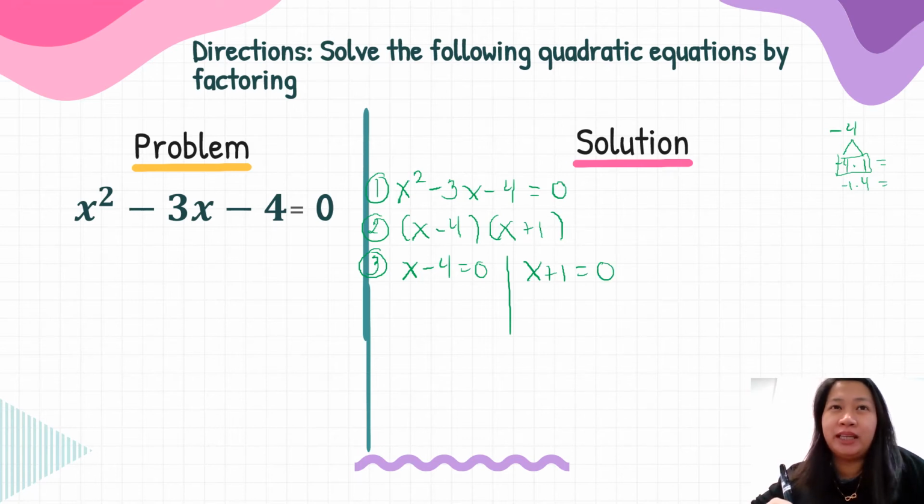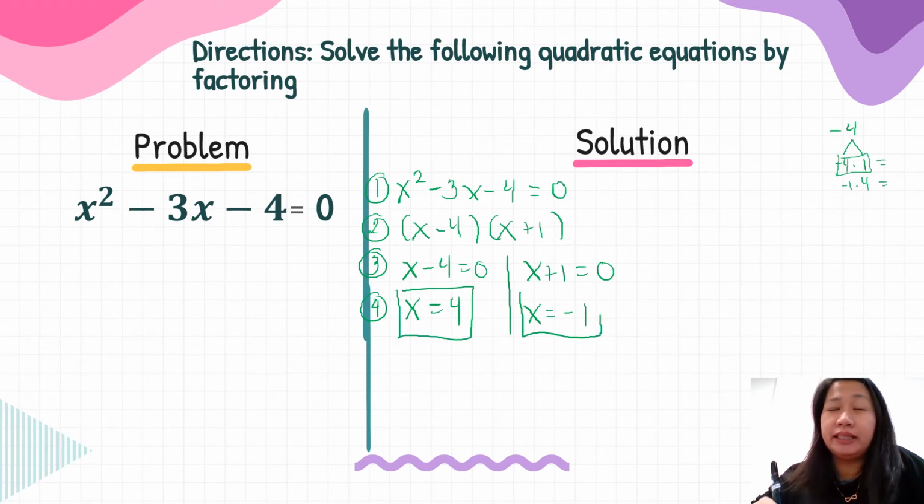And step number 4, we will solve for the x or solve for the roots. Since nandyan lang yan, si negative 4, ililipat lang sa kabila, magiging positive 4. And then si x, ililipat sa kabila, magiging negative 1. Okay po. Tama ba?